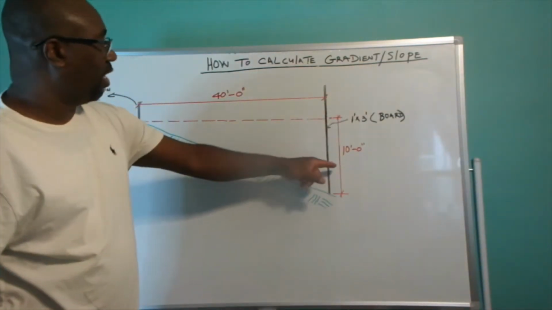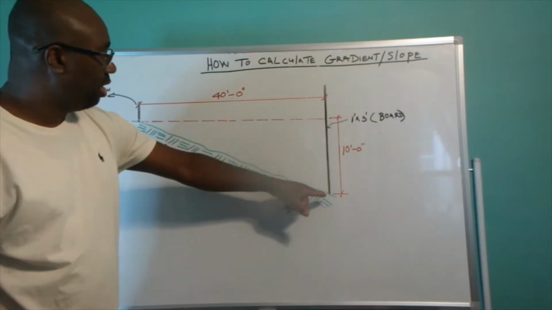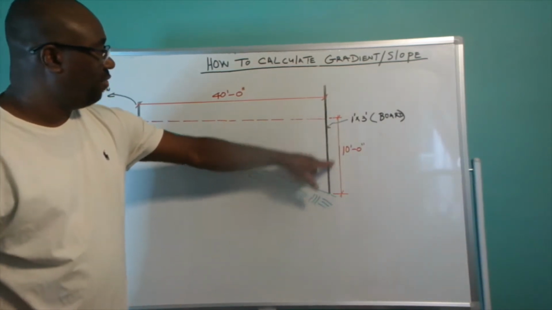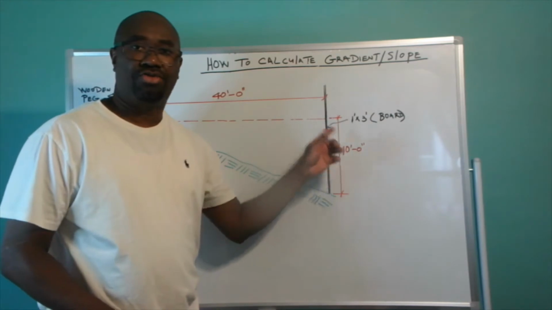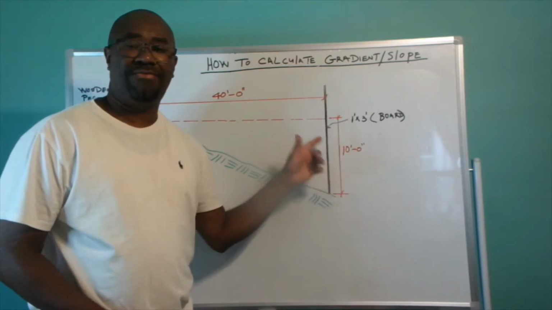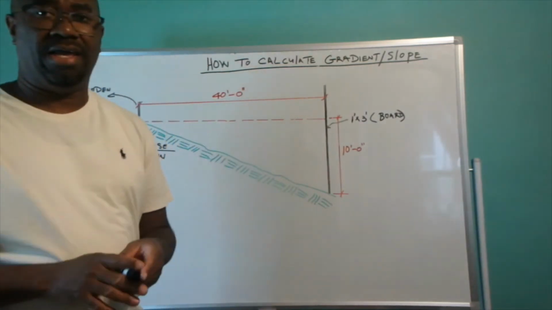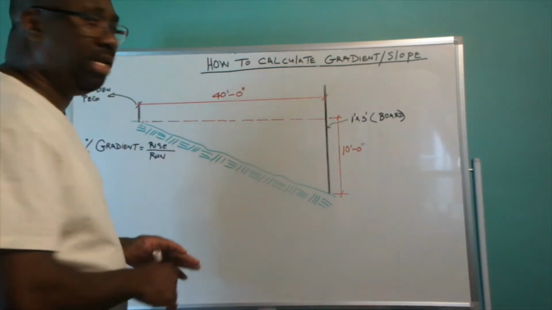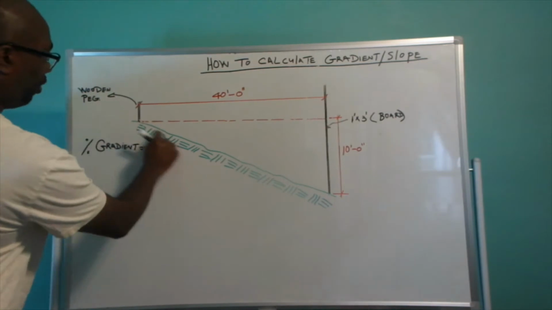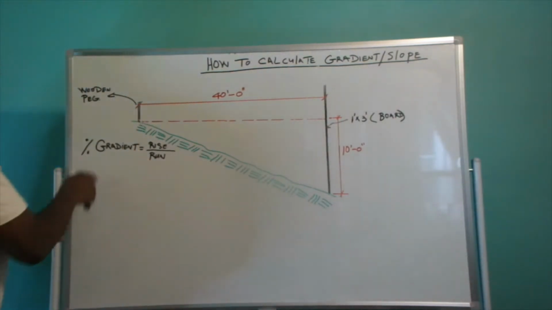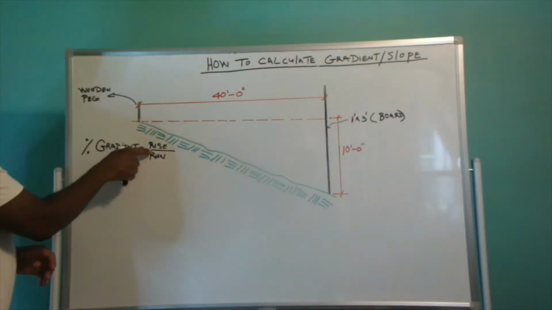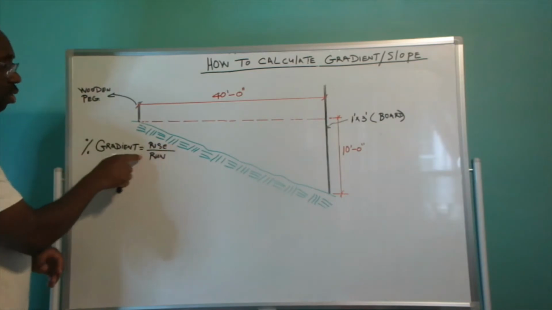So what this is saying is that the land at the end right here has a maximum drop or slope of 10 feet. So I'm going to show you now how to calculate the percentage gradient of this slope here, right? So the percentage gradient is equal to the rise over the run.